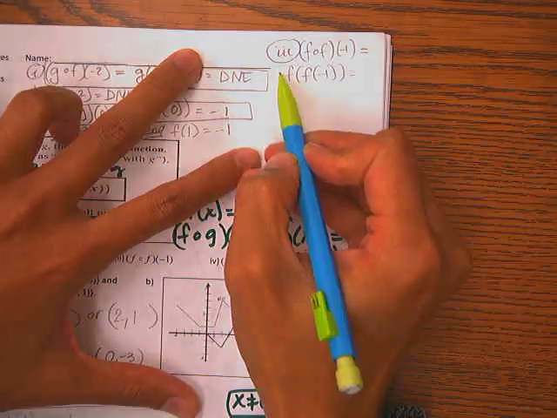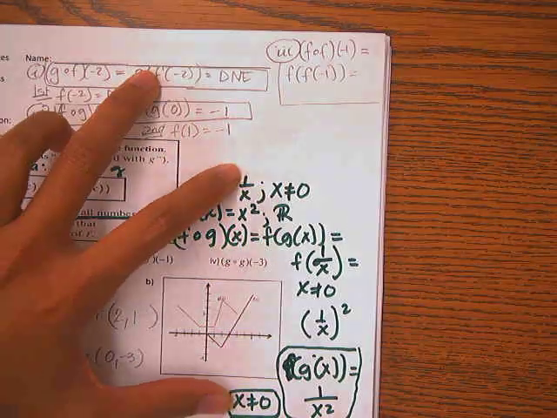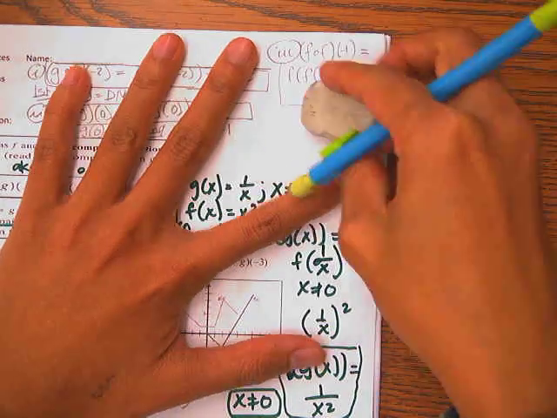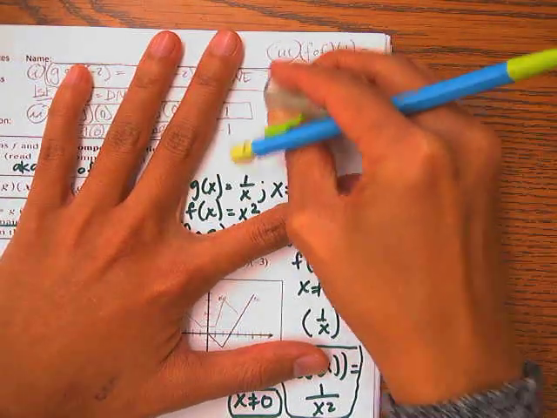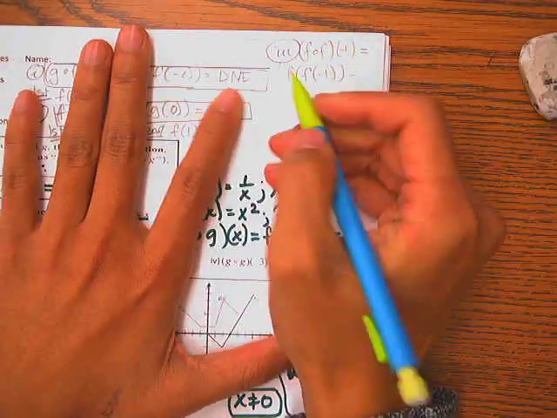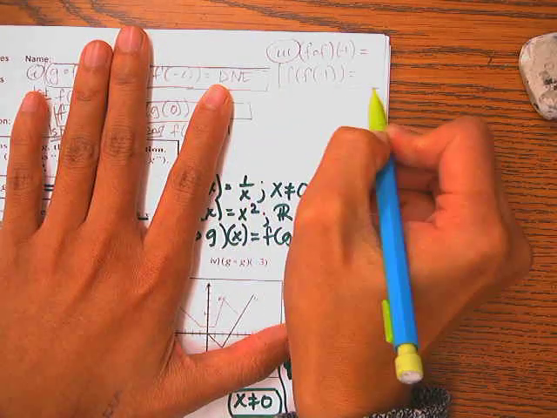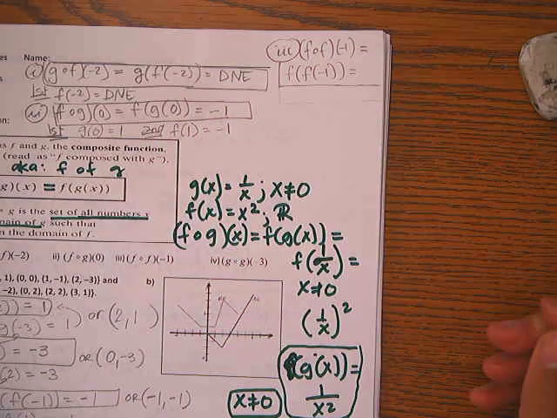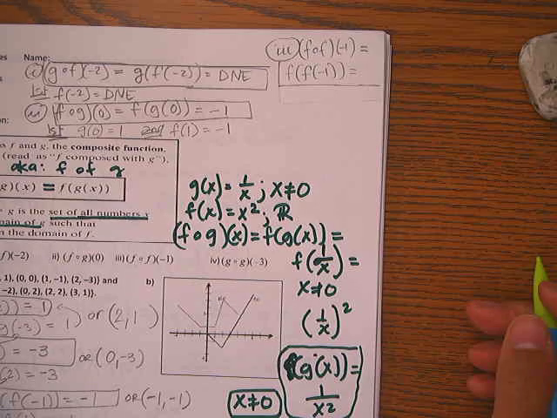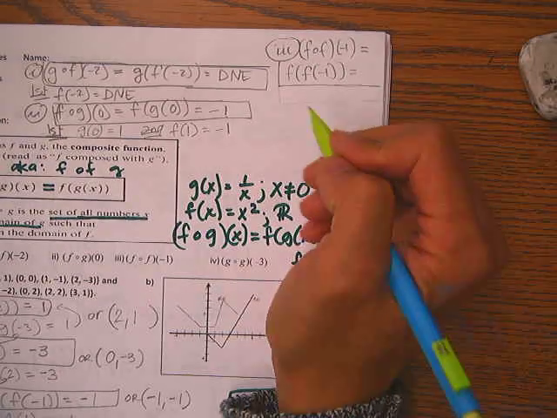Let's box this up right here. Actually, do I need that much space in the bottom? Well, I'm just worried that I might not have enough room to give you the answer for 4i's.